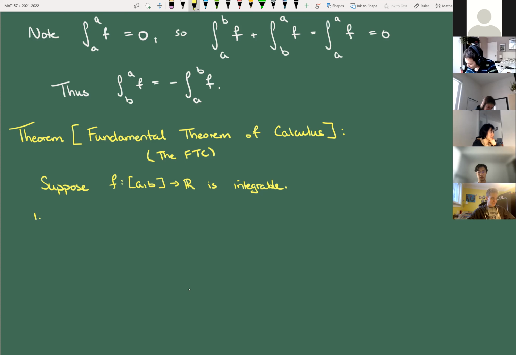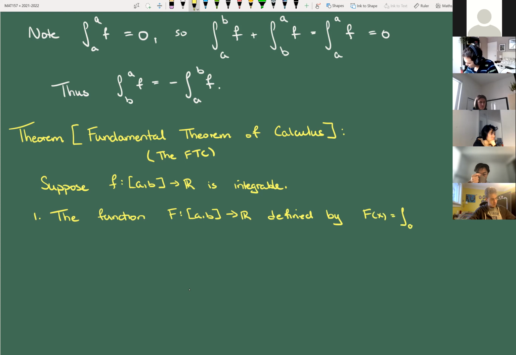So the function from a, b to R defined by the integral of f of t dt is continuous.